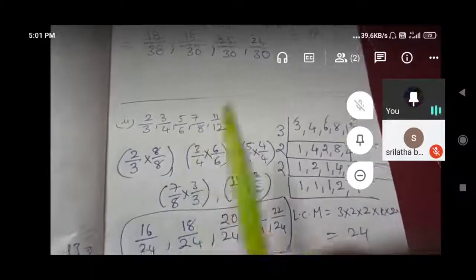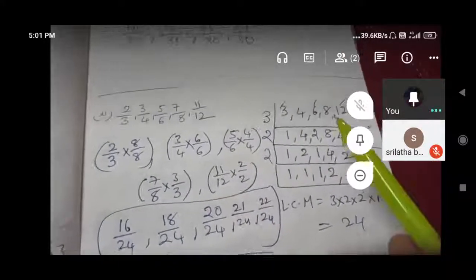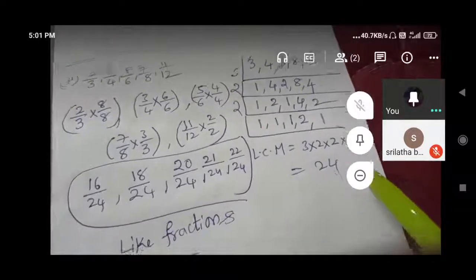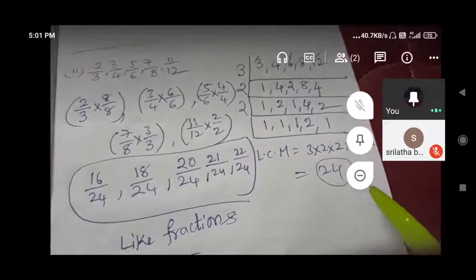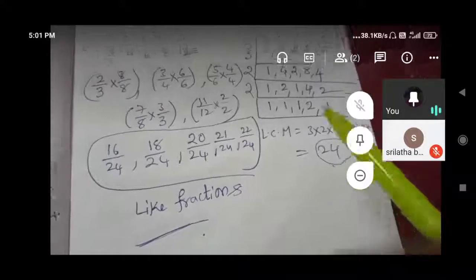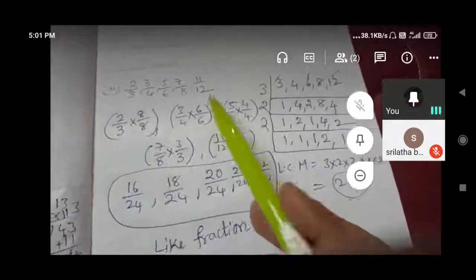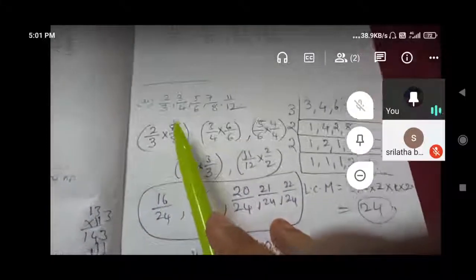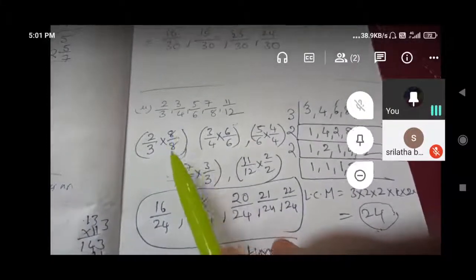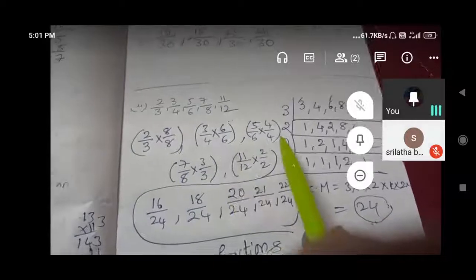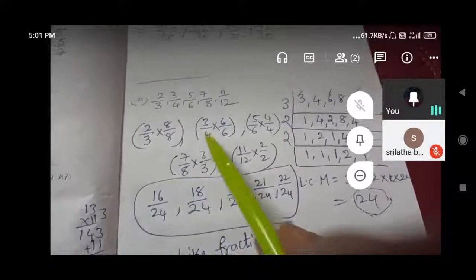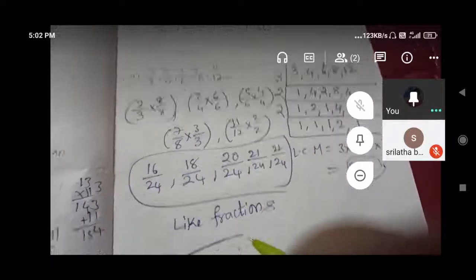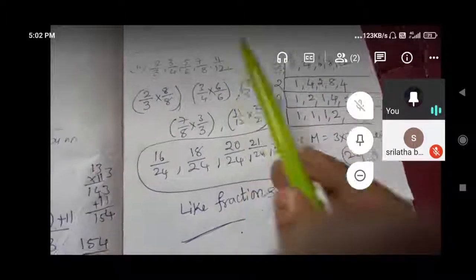Unlike fractions, we can make into like fractions. According to the LCM, we make all the denominators 24 by multiplying numerator and denominator with the same number. So like that we can get unlike fractions to like fractions.